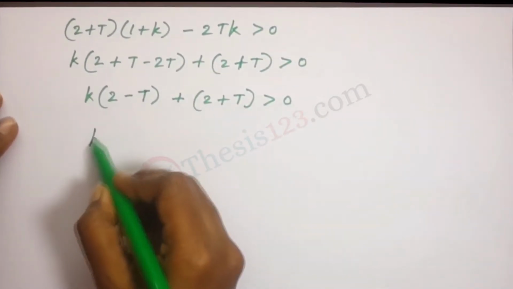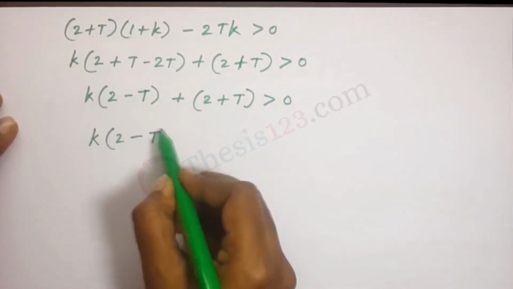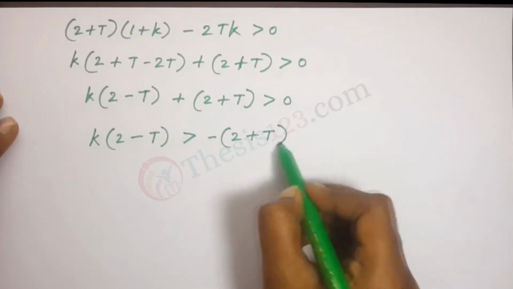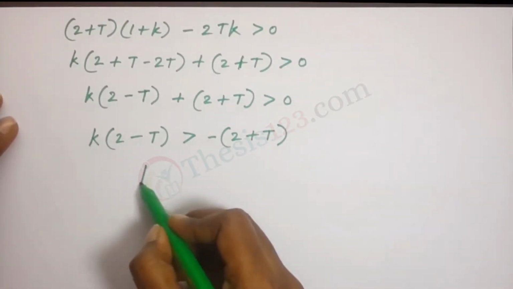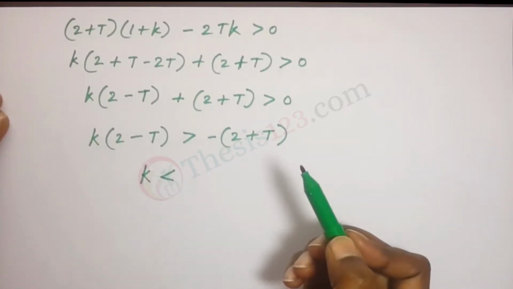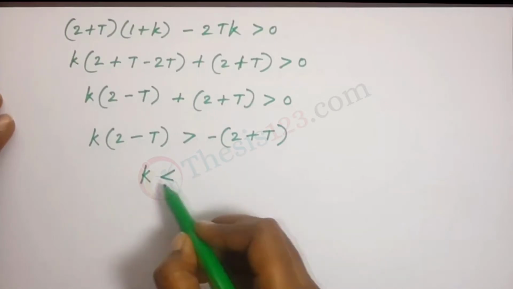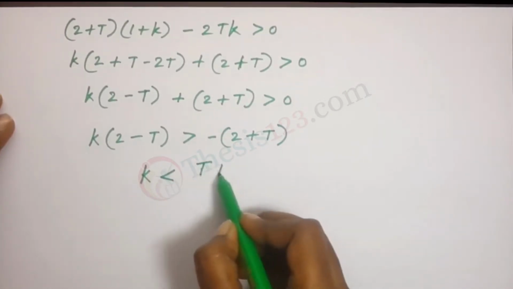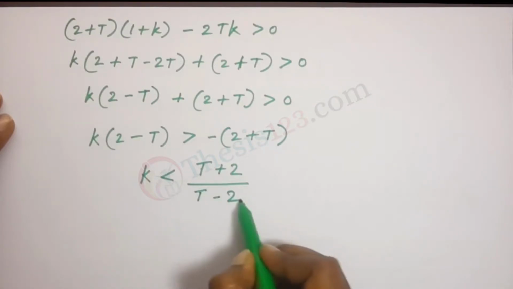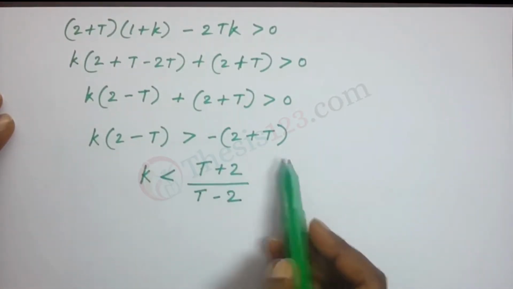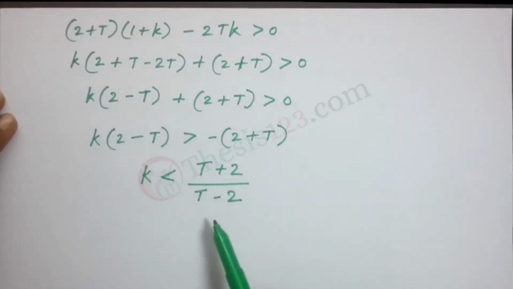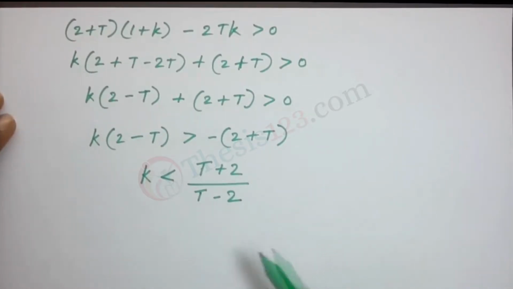Now, this would become k into 2 minus t is greater than minus of 2 plus t. So, we need it in terms of k. So, if we are to divide by a negative term, you know that the sign flips over. So, k becomes less than t plus 2 divided by t minus 2. I hope you see what I'm doing over here. Taking k here, so k is less than t plus 2 divided by t minus 2.